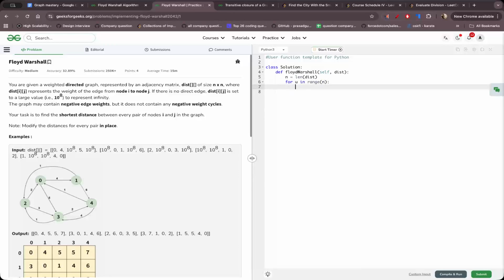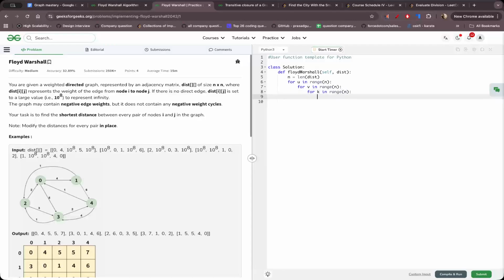Second, so from u to v, what is v? Now I will try everything in the same range of n again, right? And like I said, there will be some conditions. Now via k. So k again is nothing but in range of n.